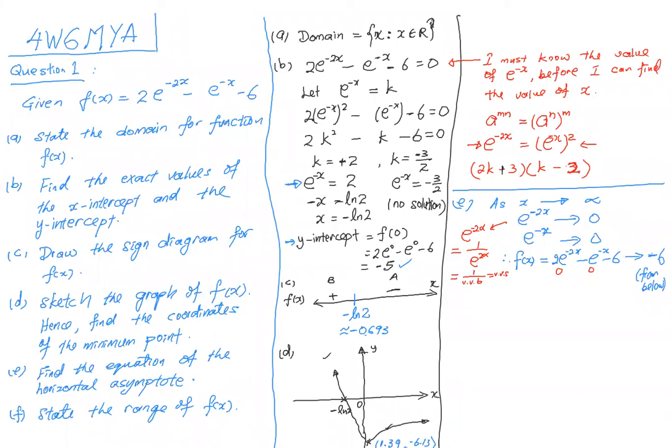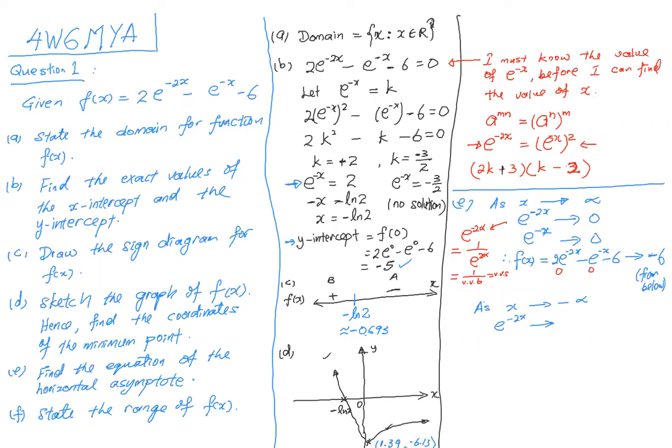Okay, so then we study the other direction as x approaches negative infinity. e to the power negative 2x will approach what? Will approach 0?